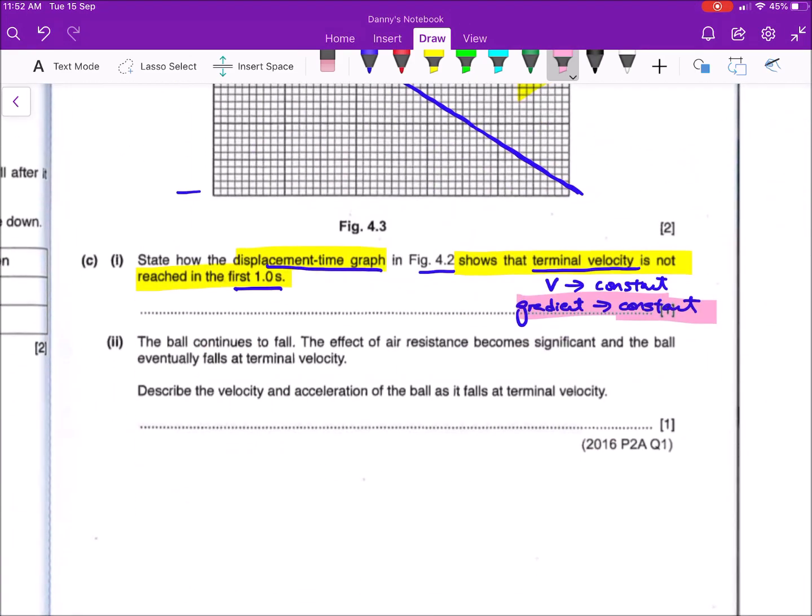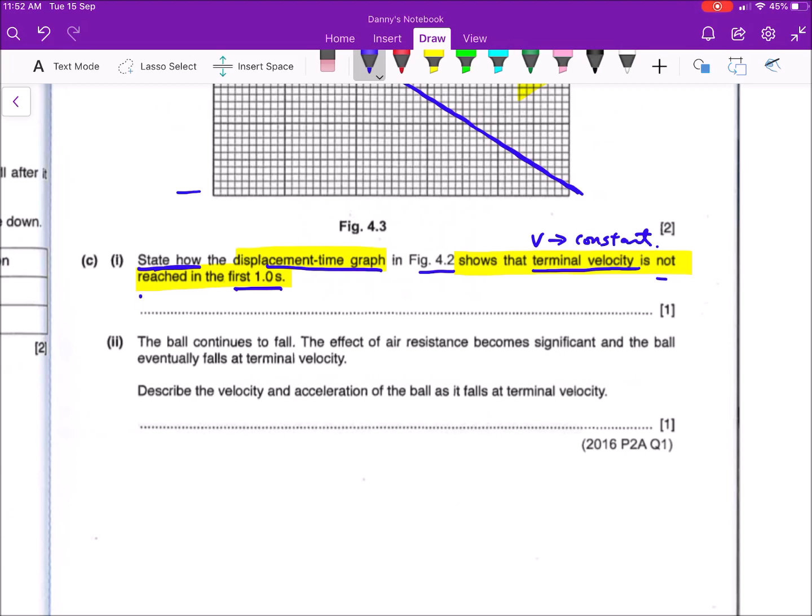So that's why you can see that in Cambridge, they only gave you 1 line for 1 mark, because they expect you to answer to the point. So down here you don't need to explain much. They just require a short answer. That's why they say state how. Very straightforward.